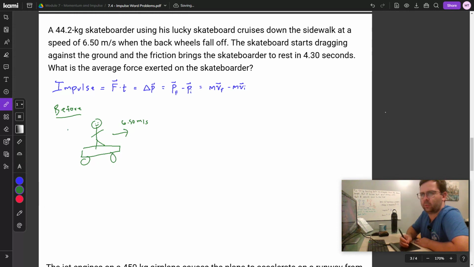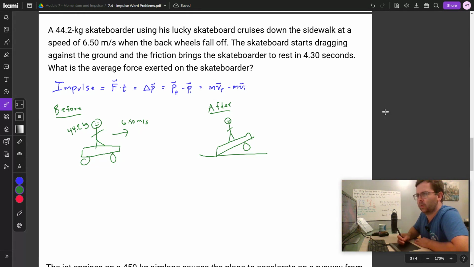His mass is 44.2 kilograms. And then after, he comes to rest. So the skateboard is broken. All that's left is the front wheels, and he is sad. He's no longer moving anymore, so 0 meters per second.